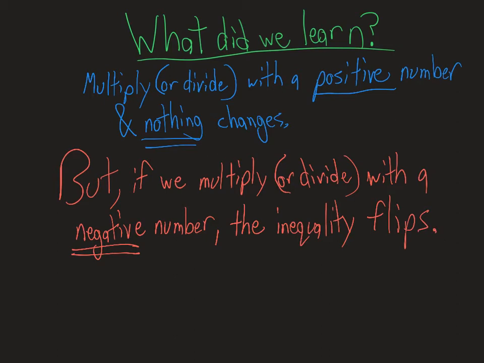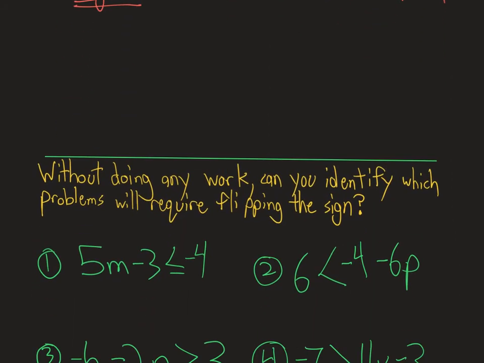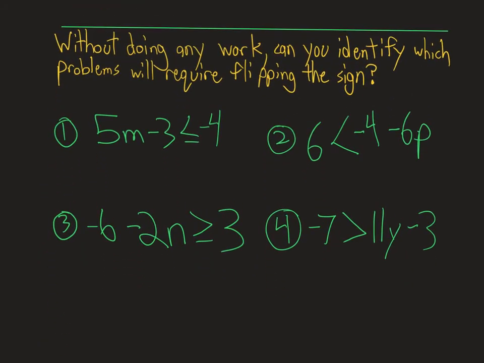And what am I talking about with this idea of flipping? How would we apply that? Let's look at this previous direction. I actually misplaced it. There it is. All right. So now, without doing any work, just look at these four for a sec. We're not going to solve them. Can you identify which problems will require flipping the sign?